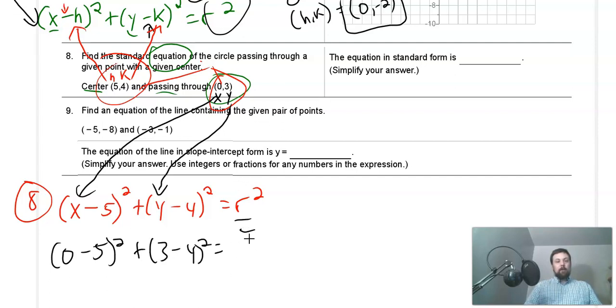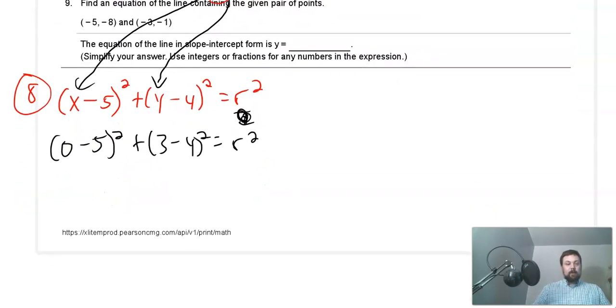And I'm sorry, I put the double line there, which maybe was a bad idea. Because it looks like an equal sign. And now, with numbers plugged in here, the only letter remaining is the letter r. So I can solve for r now by just simplifying this and then taking the square root of both sides, right? So let's go ahead and simplify this.